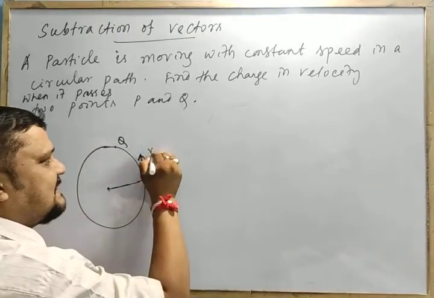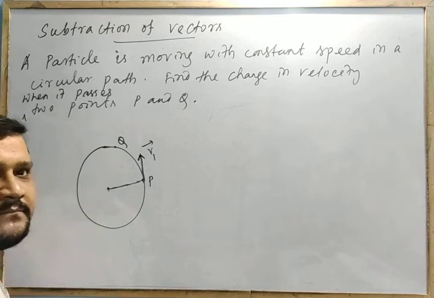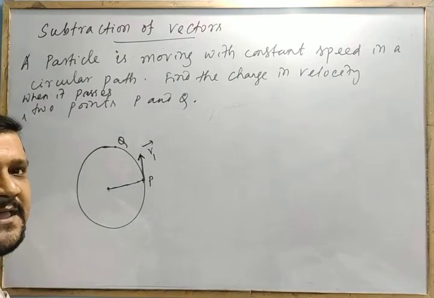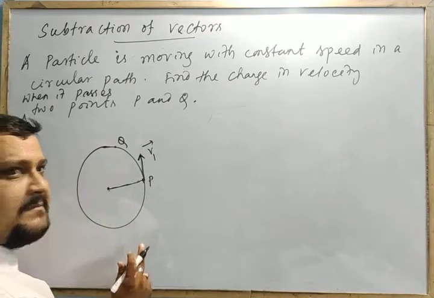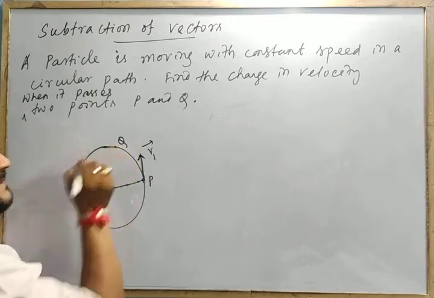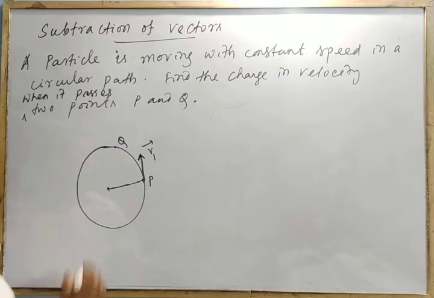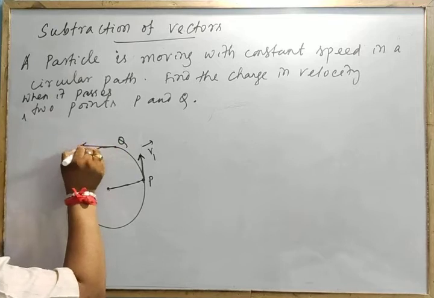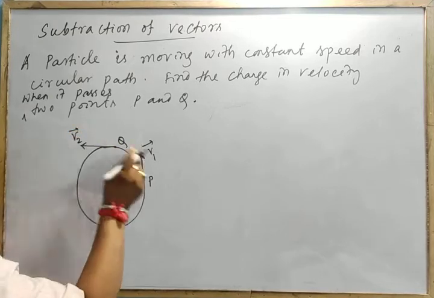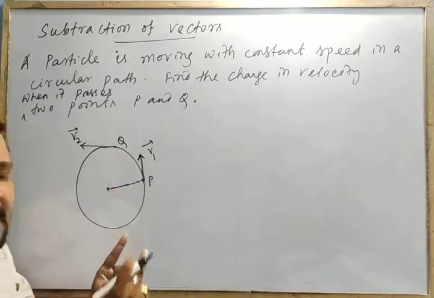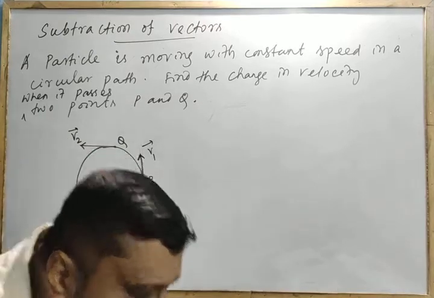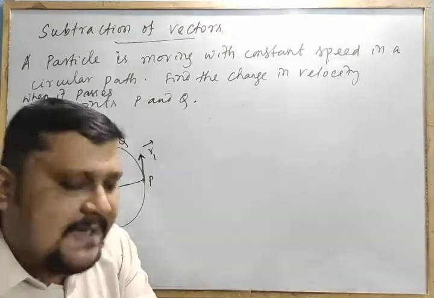So this is the velocity here, v1. This is the direction, meaning the stone will go like this. When it goes to Q, what is the velocity? Tangential, v2. So the velocity is different, but the speed is the same. What is velocity? Speed gives magnitude.